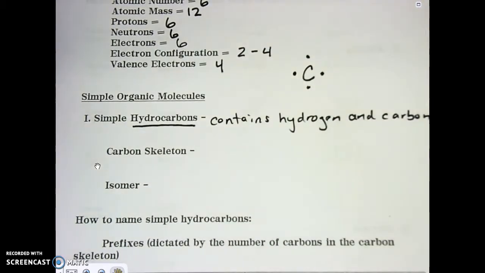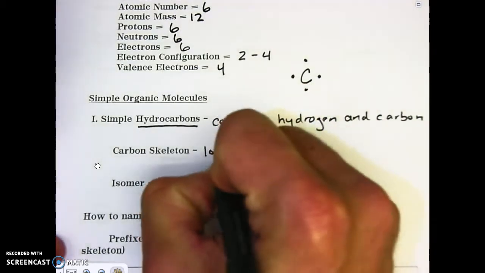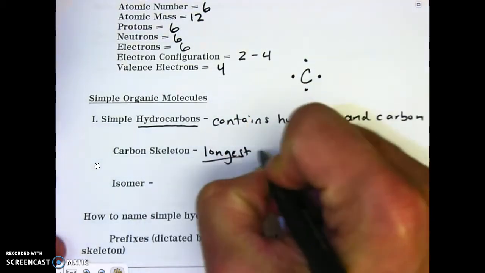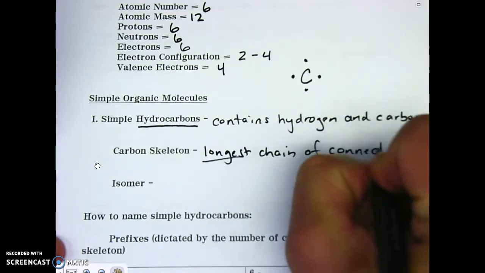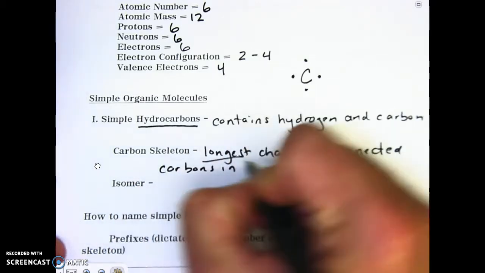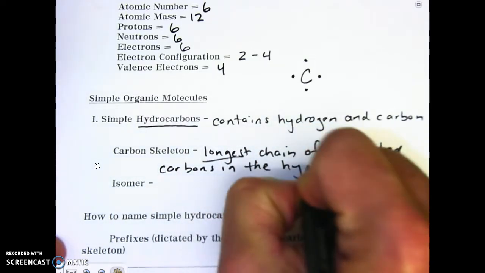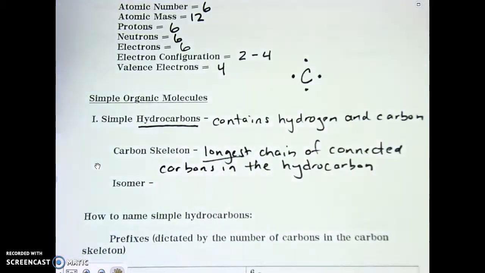So a carbon skeleton, we zoom out so we have a little bit more room. Carbon skeleton is the longest chain of connected carbons in the hydrocarbon. You'll see what I mean when we start drawing these.